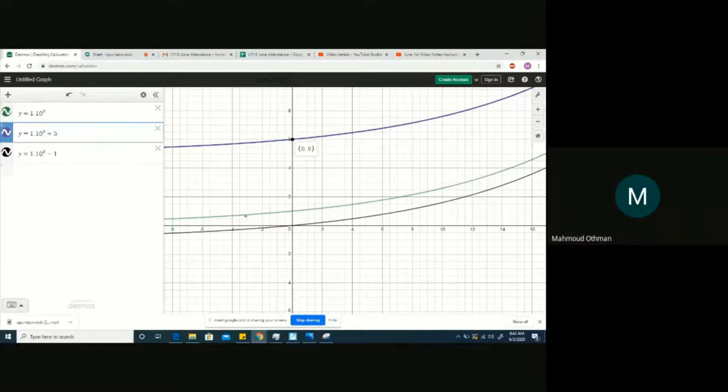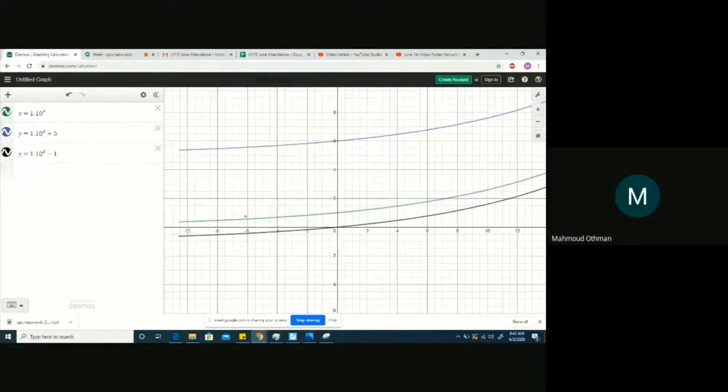This function goes all the way to the right and all the way to the left, as does this function. So I know my function has a domain of all real numbers, both of them. All exponential functions actually do. Now let's take a look at the range of this function.